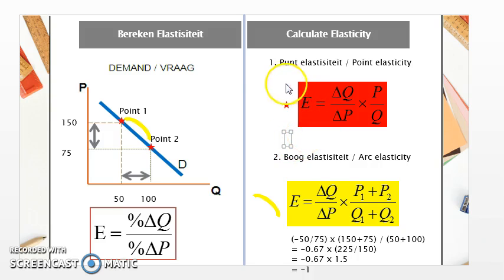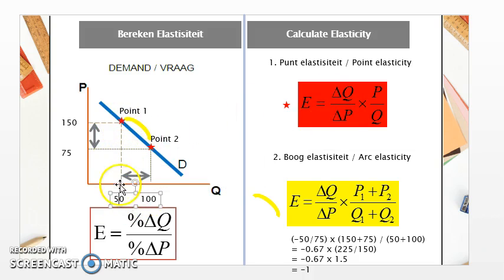First of all, let's calculate the elasticity at point 1. Elasticity is the change in quantity divided by the change in price. We're working with both of these points, but we're specifically looking at point 1. What's the elasticity there? What's the change in quantity? The quantity is at the bottom.